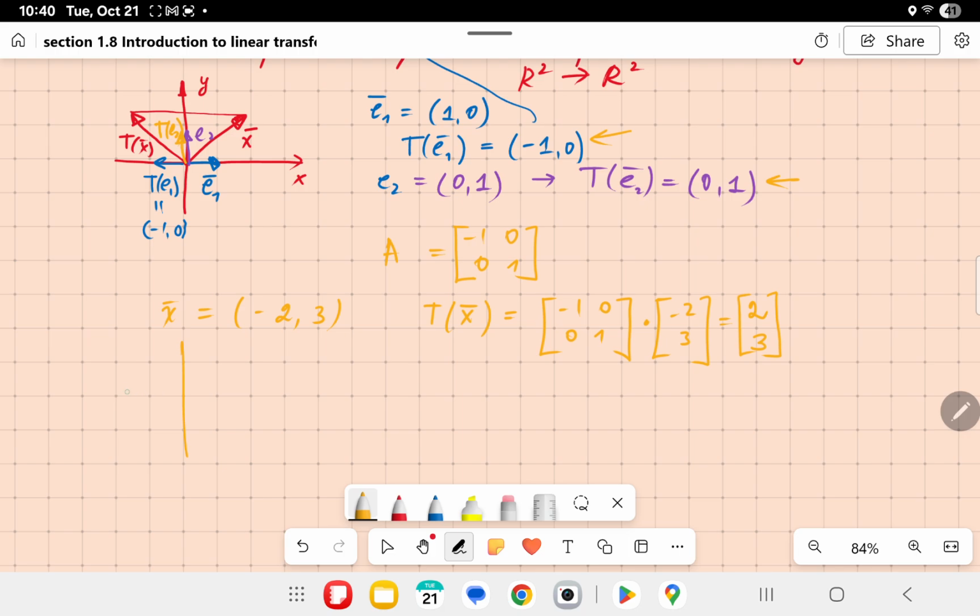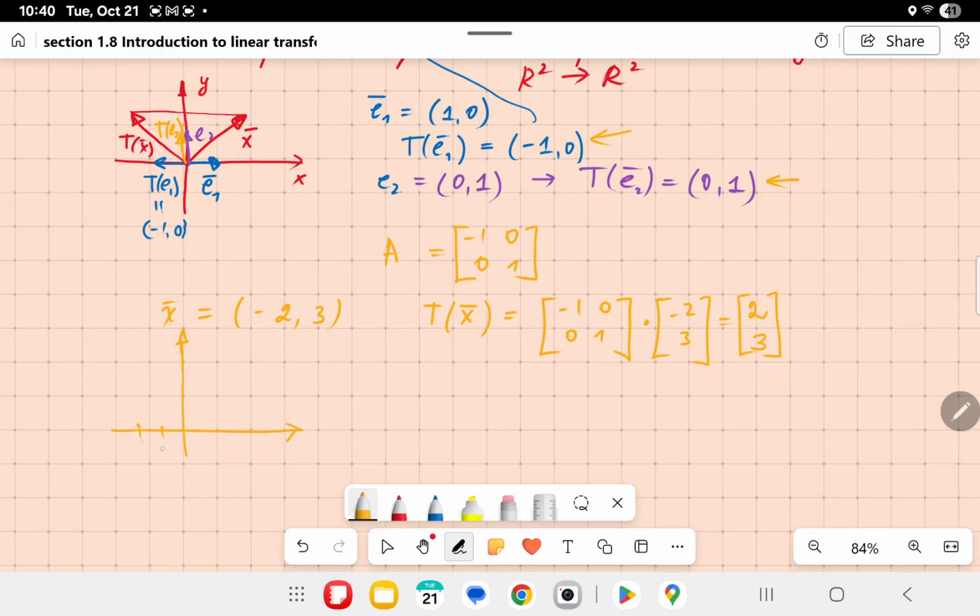Sorry, I need to move my x-axis a little bit. I guess I put it too high. Okay, -2, 3.